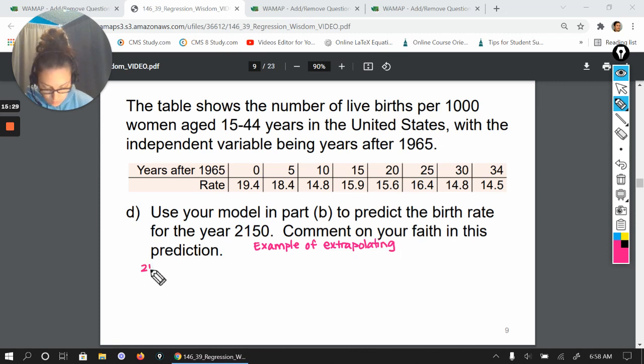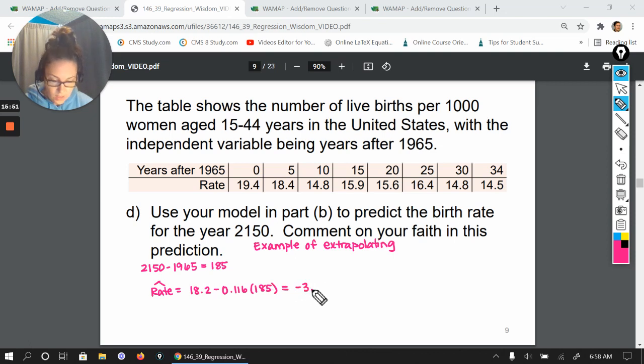Okay, so 2150 minus 1965, that's 185 years after 1965. So the predicted rate would equal 18.2 minus 0.116 times 185, and that equals negative 3.26.